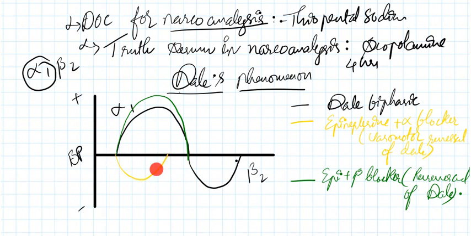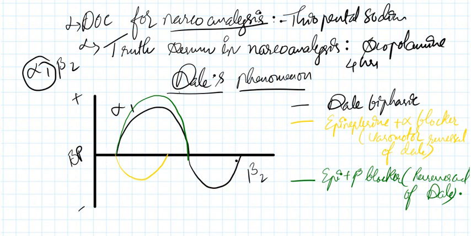Now this yellow color wave, this depletion in the blood pressure, is called vasomotor reversal of Dale. So just remember one thing: Dale's biphasic pattern is seen when only epinephrine is given.